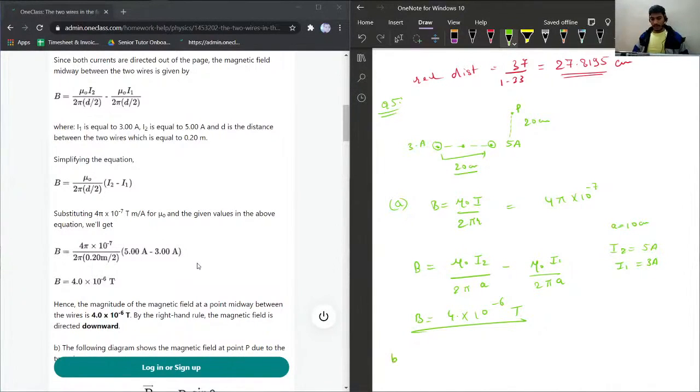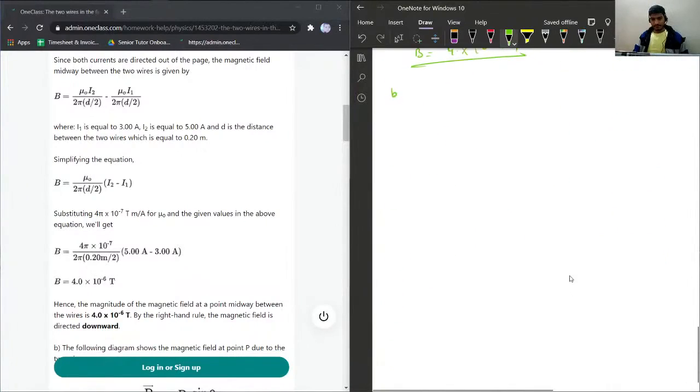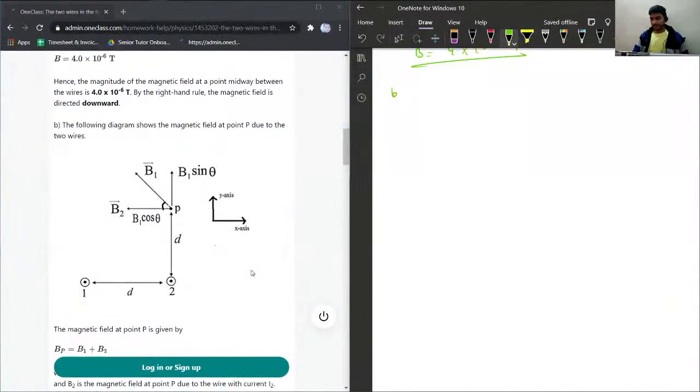For part B, I'll use the vector diagram given here, so I'll draw this again.